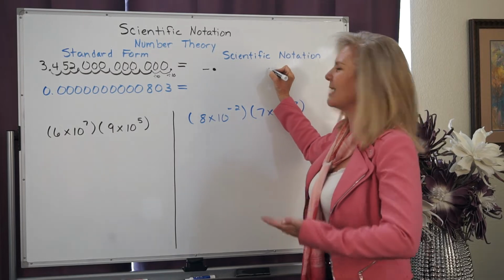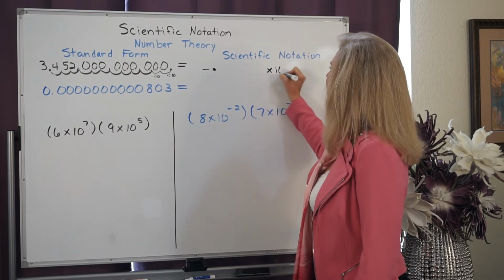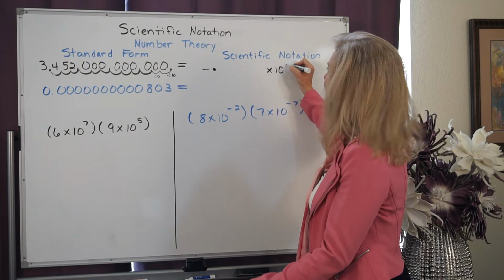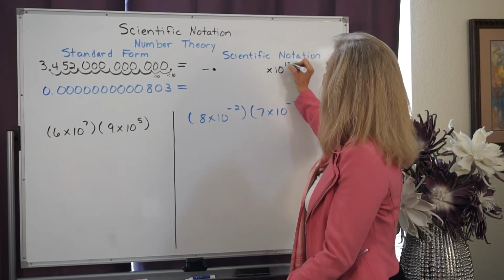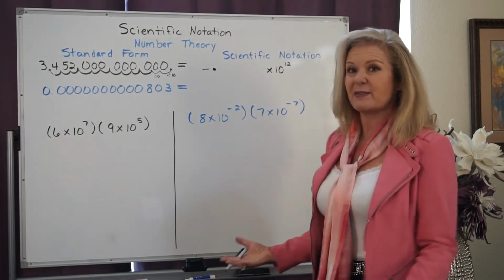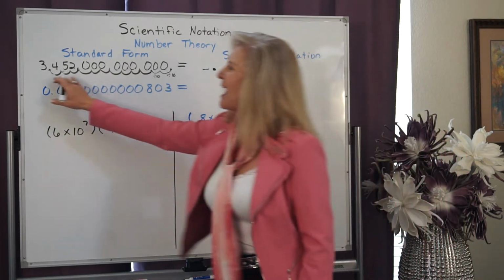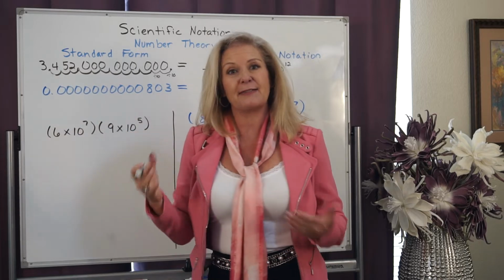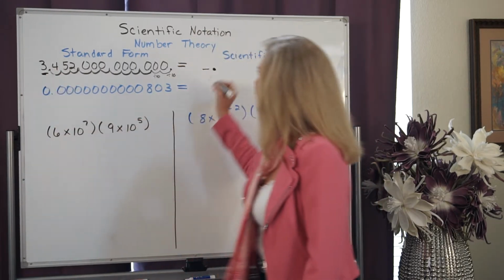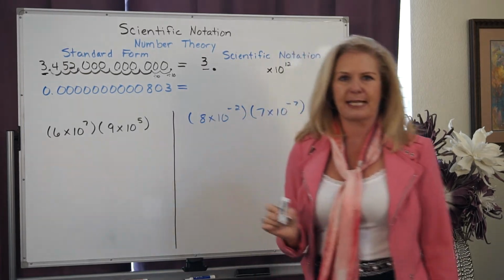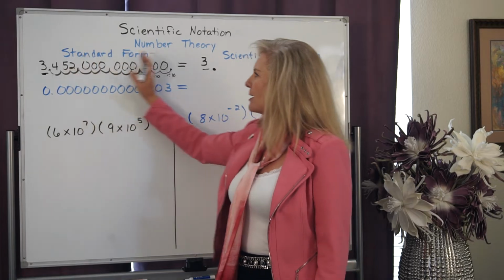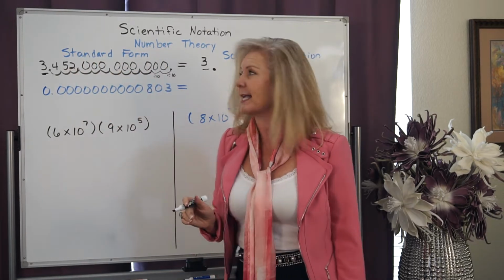So part of scientific notation is we always do times 10. And this is a positive exponent. And we're going to count how many digits we actually moved that number. So I moved it 12 places. But I still have to account for the digits at the start. So what I do is I take that first digit, 3, and I place it before the decimal point. Any numbers before your string of zeros also have to be accounted for.